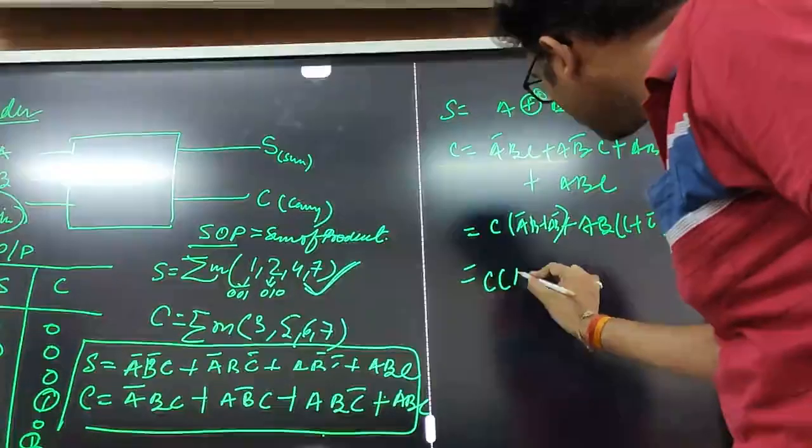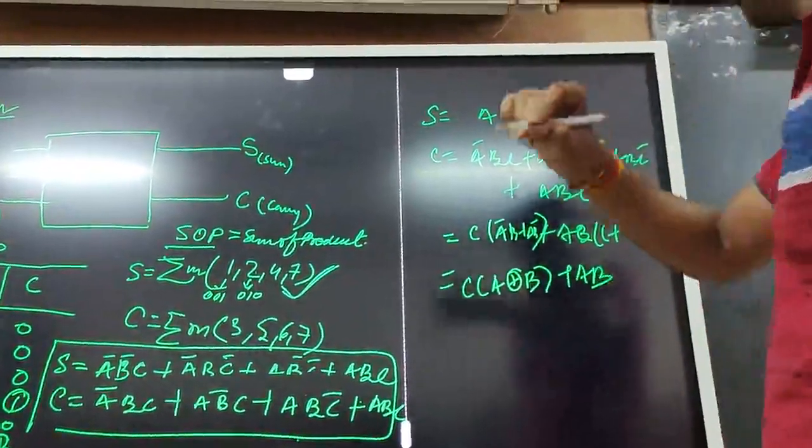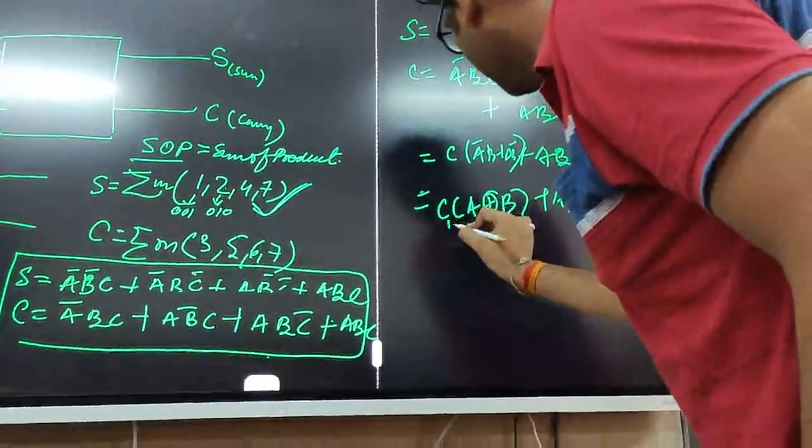So this can be written as C (A XOR B) plus A B. This C is C in actually.